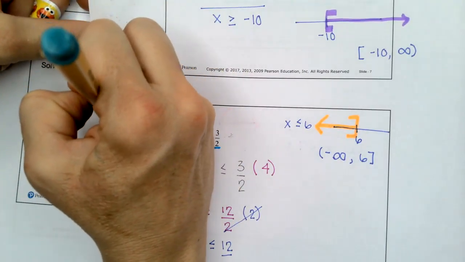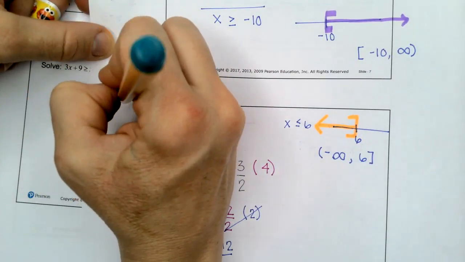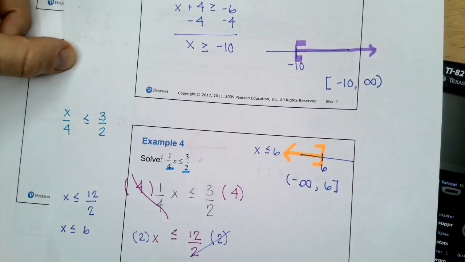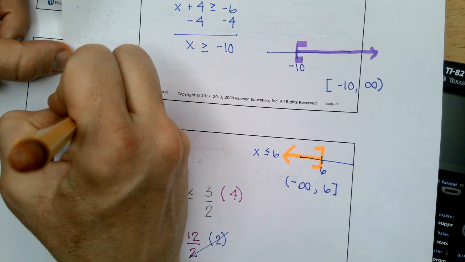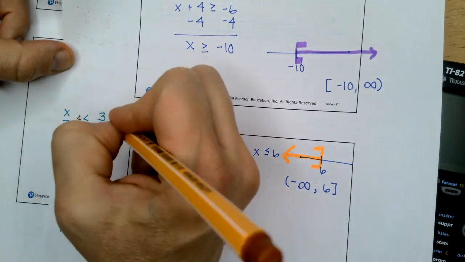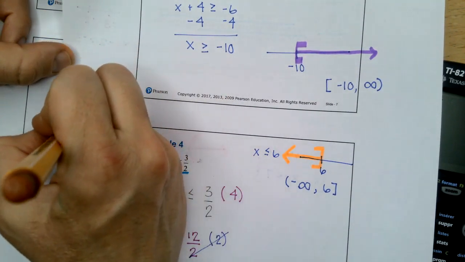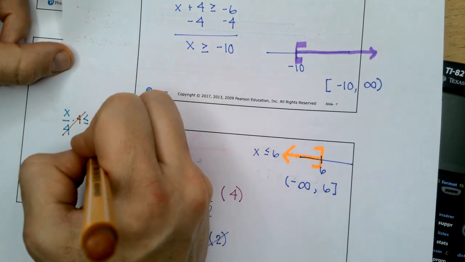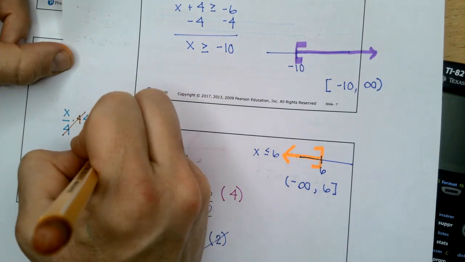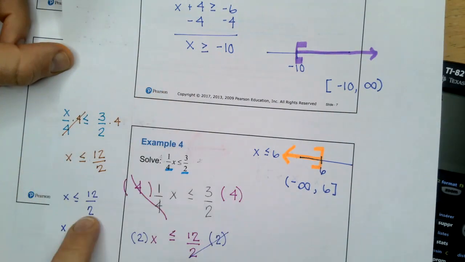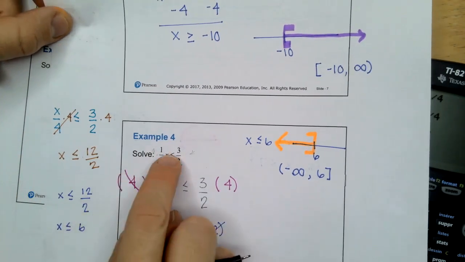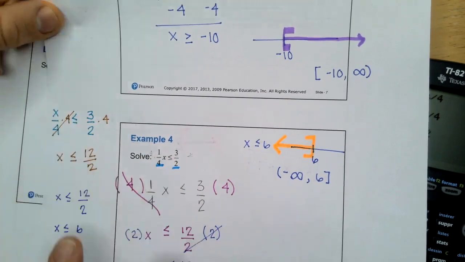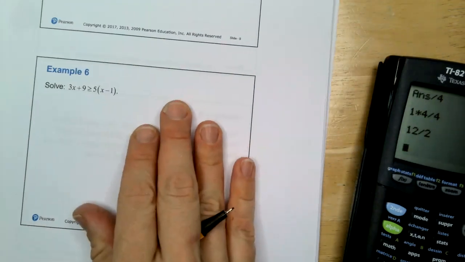X over 4, 3 over 2. Okay, and then when we multiply by 4, right? We just get x is equal to 3 times 4 is 12 over 2. So we get exactly back to this. So it doesn't matter if you see it like this or you see it like this. It's the exact same equality. It is equal the same amount.